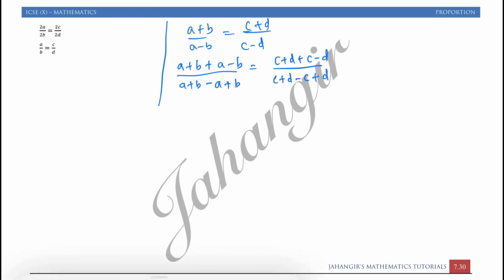So let's cancel out. B and B will get cancelled, A and A, D and D, C and C will get cancelled. So it's 2A upon 2B is equal to 2C upon 2D. Cancelling 2 and 2, you will get A by B is equal to C by D. Hence proved.